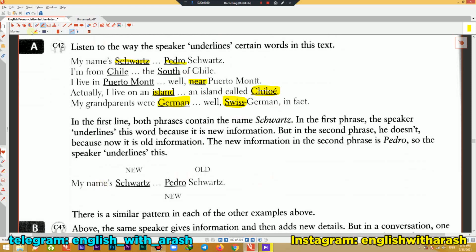If you take a look here, you'll see that my name is Spas. First, this is new. As you see here, it says new information. But in the second phrase, you say Spas again, it's old information, so we don't say that loud. We say the new information loud.